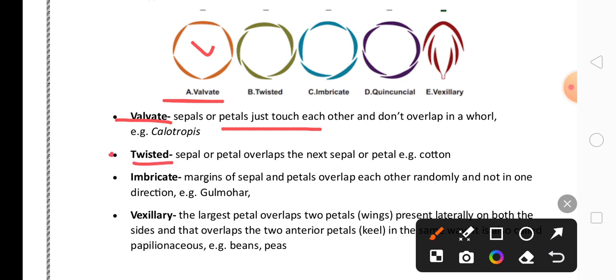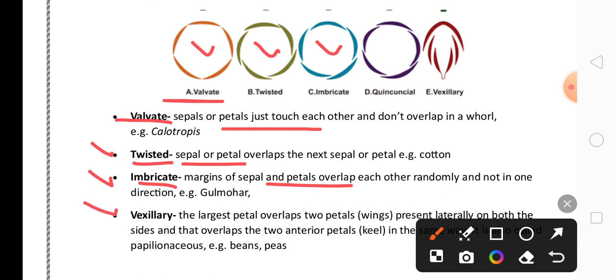In twisted estivation, sepals or petals overlap the next sepal or petal. Imbricate estivation: in imbricate estivation, sepals and petals overlap each other randomly. There is no particular order.